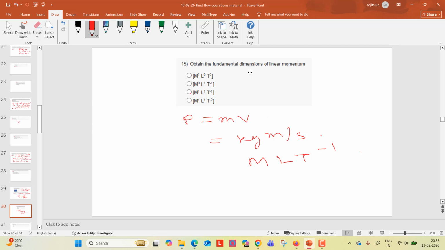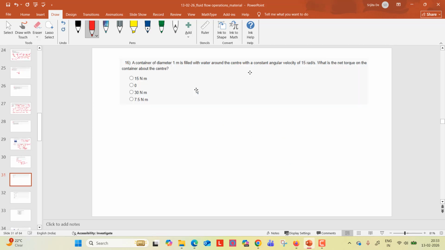Option C. Next, a container of diameter 1 meter is filled with water and rotates around the center with a constant angular velocity of 15 radian per second. What is the net torque on the container about the center?